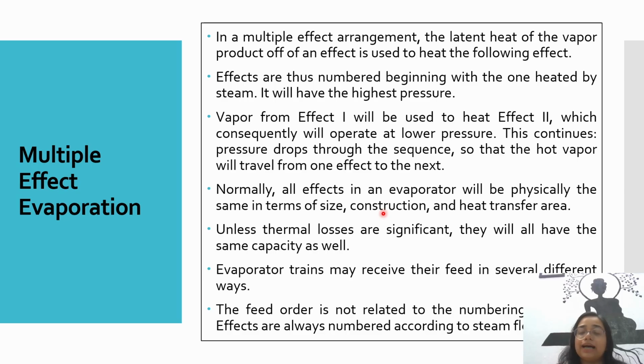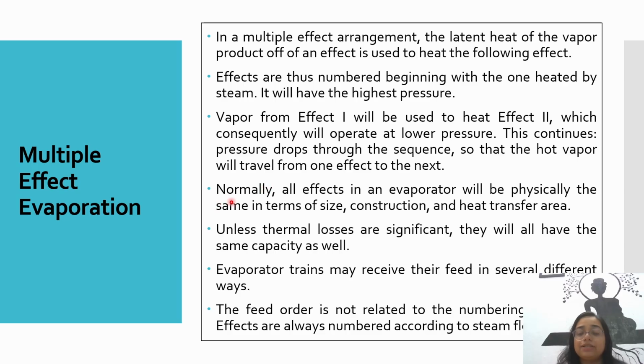And also if the thermal losses are not significant, then the capacity of the multiple effect evaporator generally remains the same as the single effect evaporator. But if the thermal losses are significant, then the capacity of the multiple effect evaporator generally decreases as compared to the single effect evaporator. That we will discuss in detail in the coming slides.